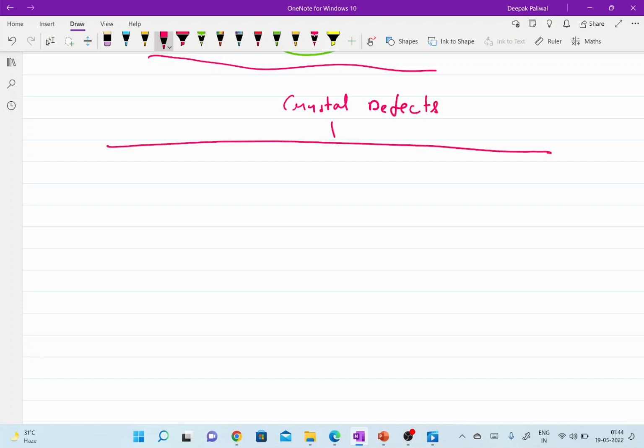We have different types of defects. One is point defect.